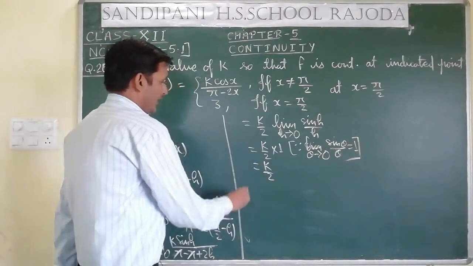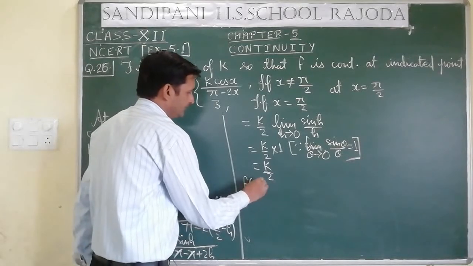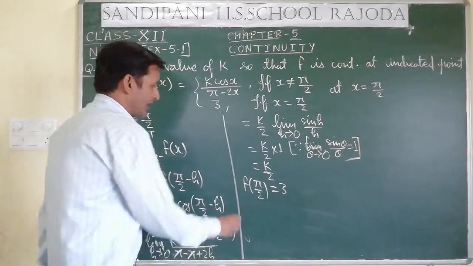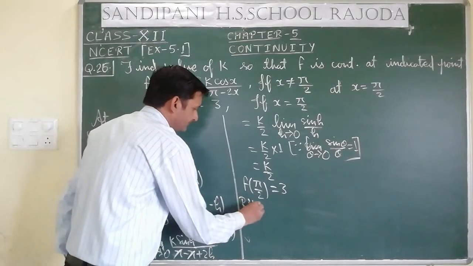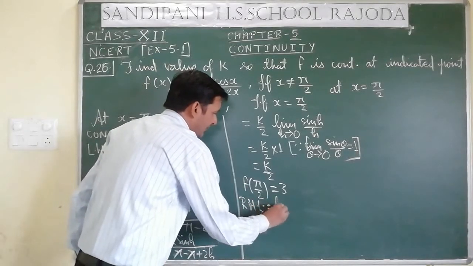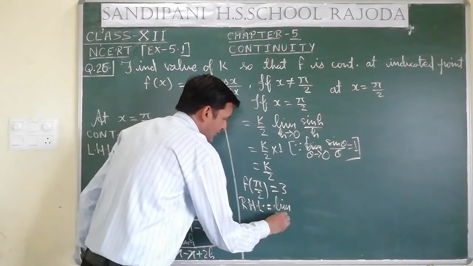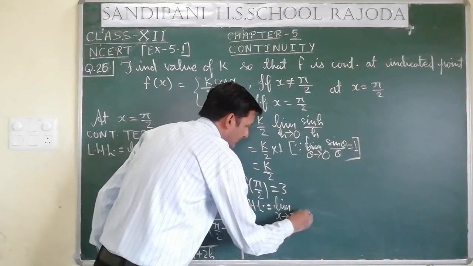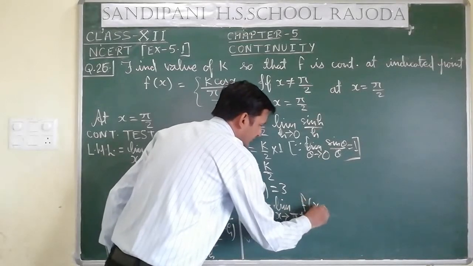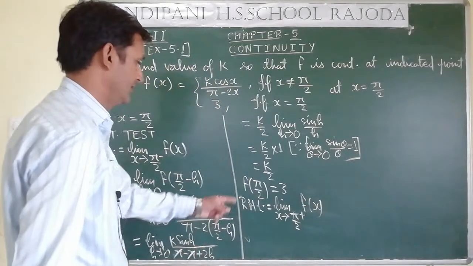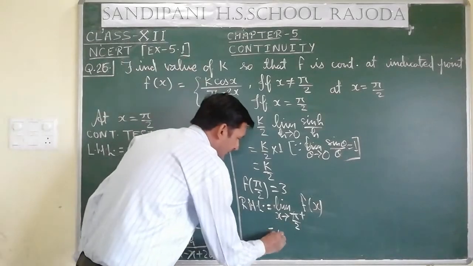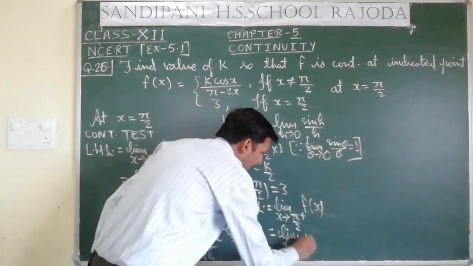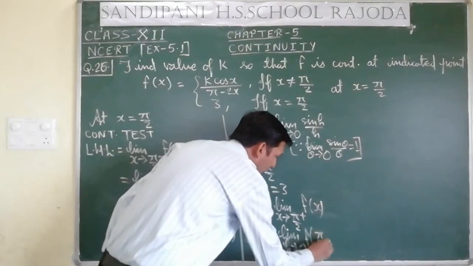Now f of pi by 2 is directly given as 3. Now RHL, that is equal to limit x tends to pi by 2 plus f of x, which means we have to write here limit h tends to 0, f of pi by 2 plus h.